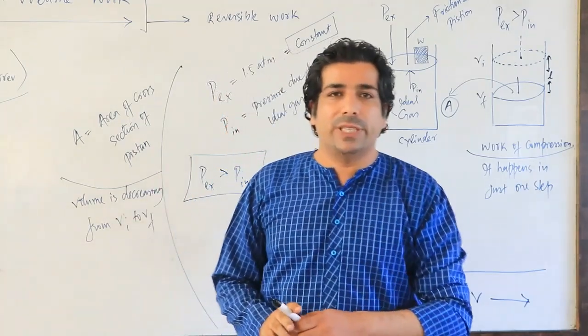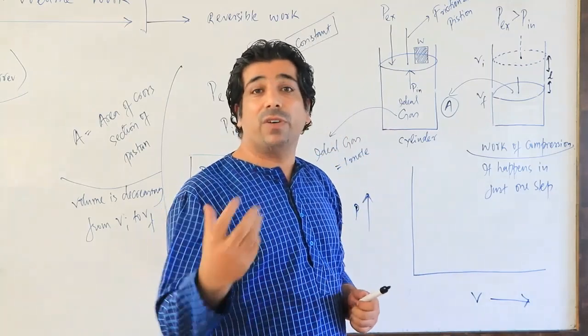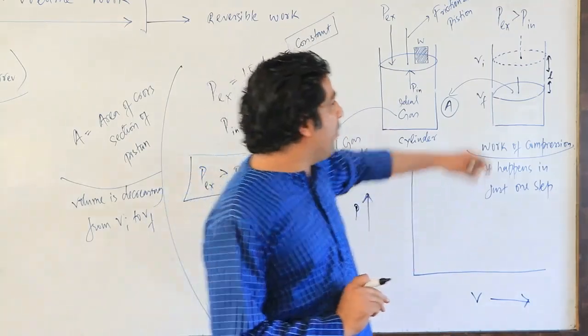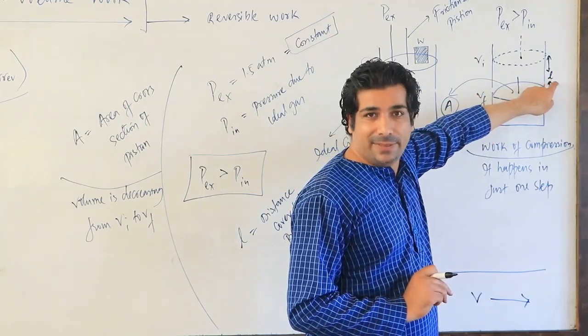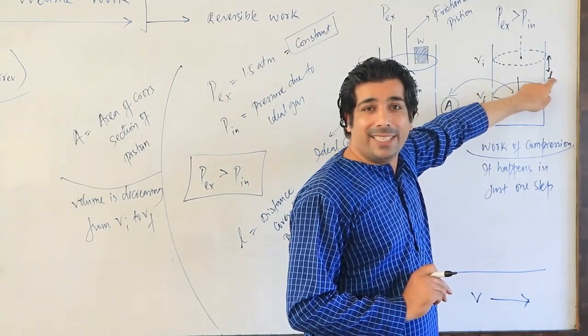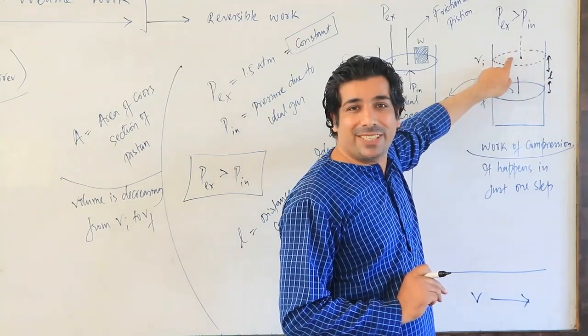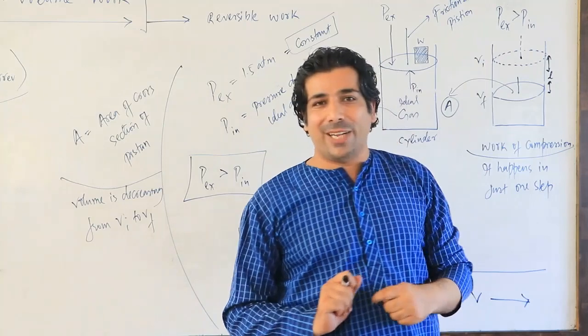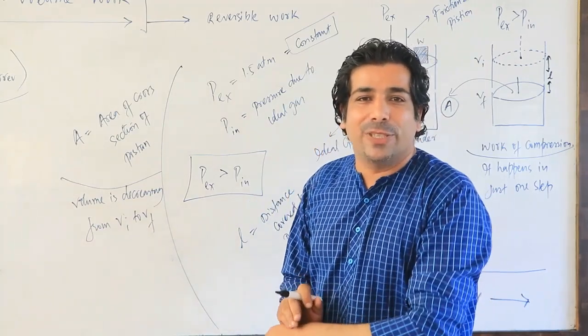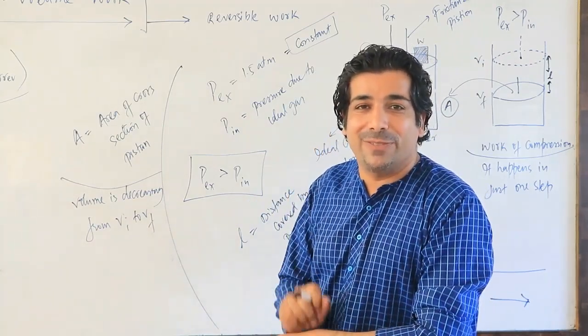That means volume decreases. That means we are doing the work of compression. And when the piston moves down, it covers a distance L. So L is the distance covered by the piston with area of cross section A. So the change in volume will be area into the distance. That will be the change in volume.